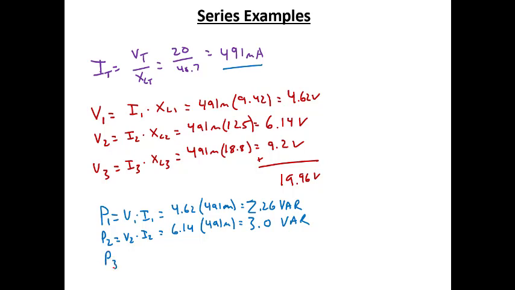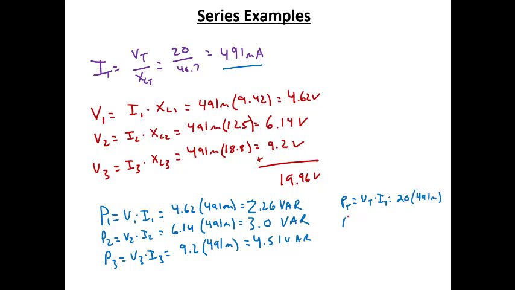vars. P3 is V3 times I3, so that would be 9.2 times 491 milli, and I get 4.51 vars. And then P total is going to be V total times I total. So that's 20 times 491 milli.